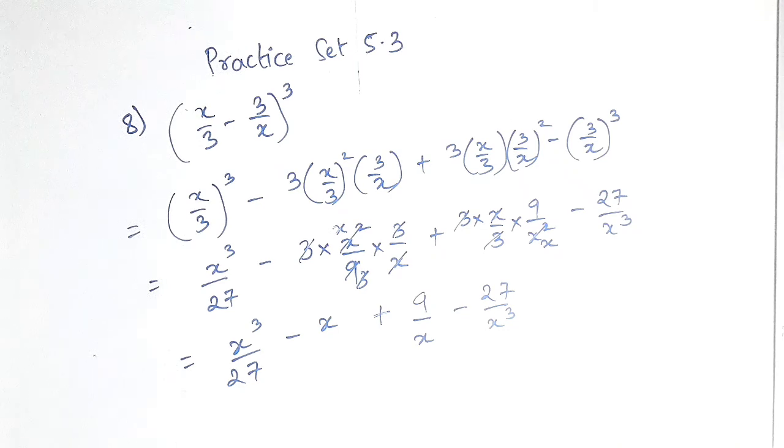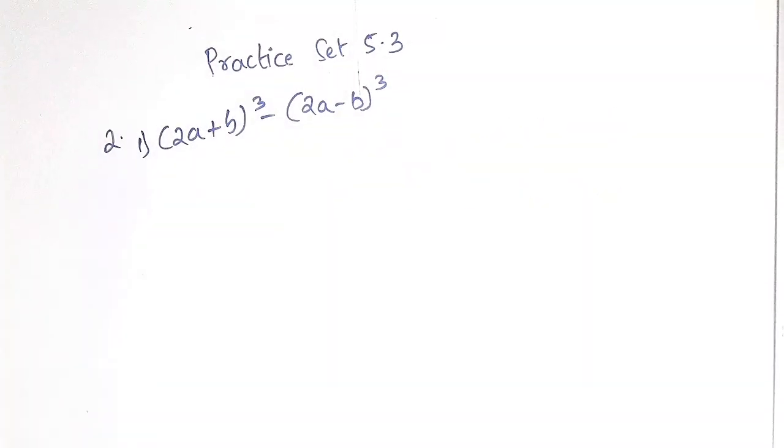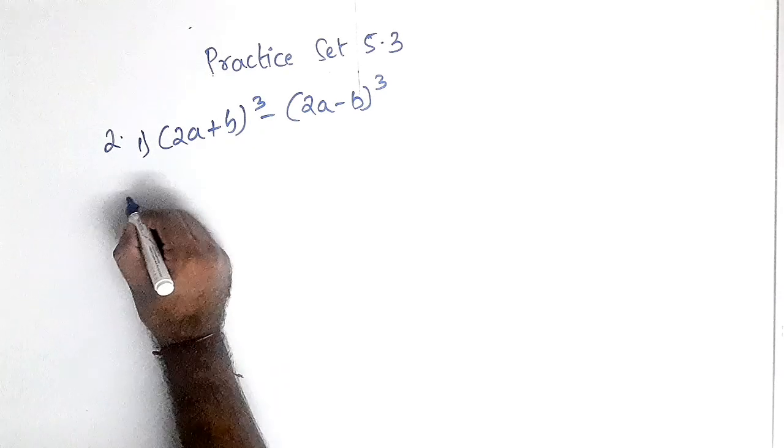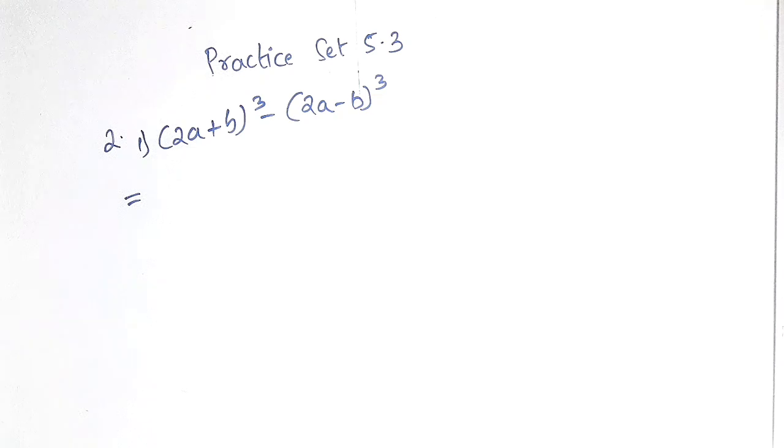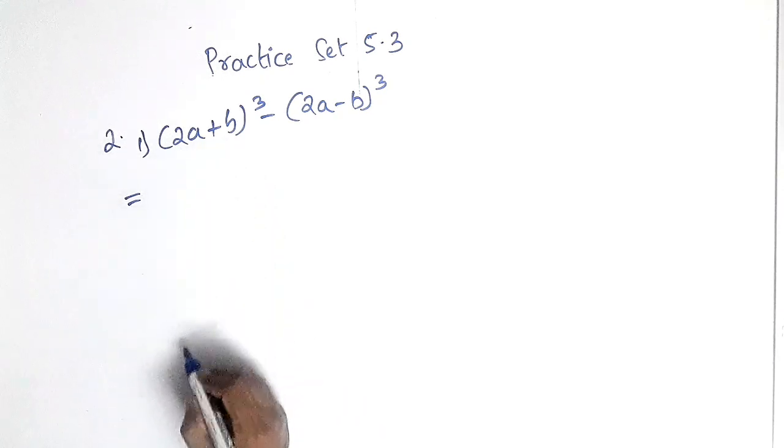Okay, now let us move on to question number 2. So question number 2, first one, as you can observe, two brackets are given where we have whole bracket cube. Now as we have to expand them, it is a plus b the whole cube.